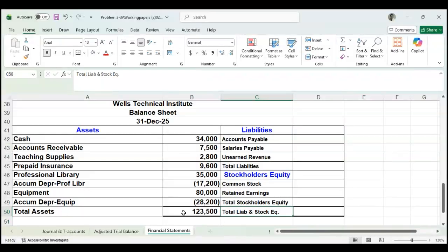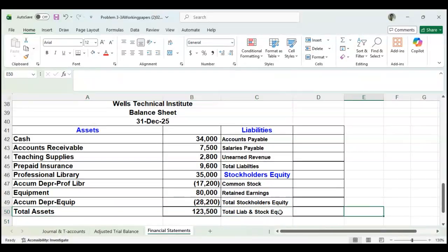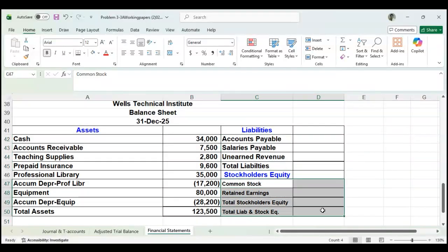These have to be the same amount. And even if we don't have enough to fill the whole column, these always have to be on the bottom, because we want to make sure that we can easily see whether they balance or not. Okay, so let's do our font. Again, the fonts and all that stuff is not something you'd have to worry about on a test.